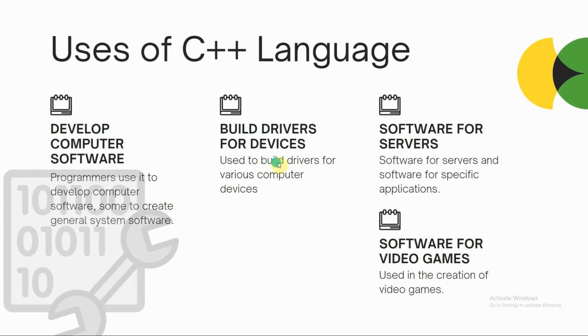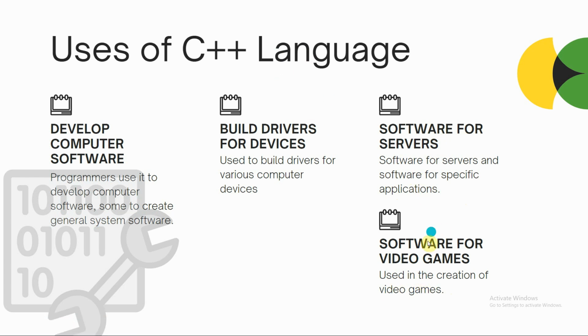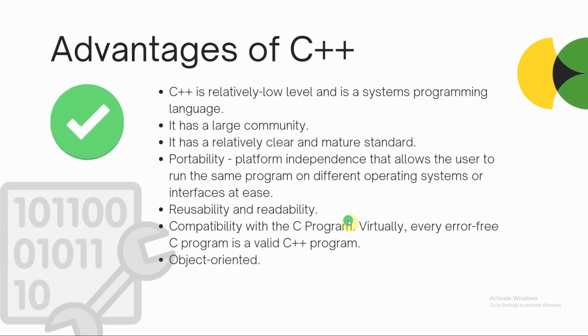These driver programs were also developed using C++, and also software for servers and software for specific applications use C++ as their core backend code. And not only for specific work usage, but creation of video games is also covered by this programming language.